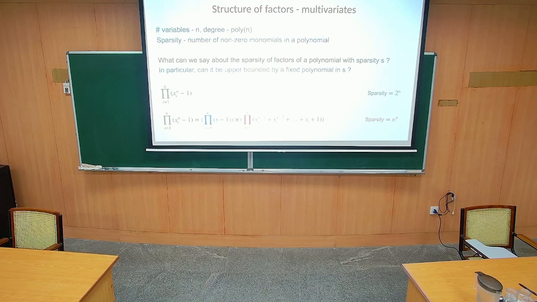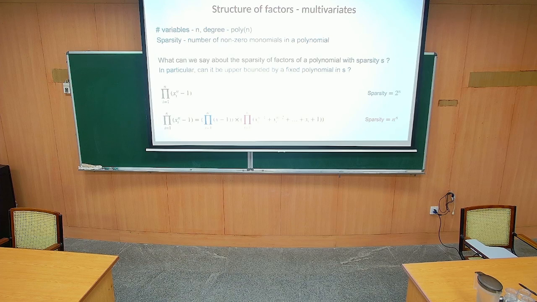There is a little bit of cheating involved in this example, in the sense that typically when we talk about sparsity of factors, we really talk about sparsity of irreducible factors of a polynomial. This one is not irreducible, but you can spend 5 minutes to take this example and construct a scenario where you get the same bound, but the big factor you're looking at is irreducible.